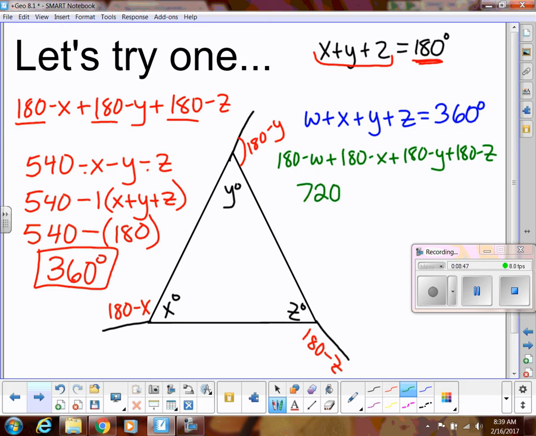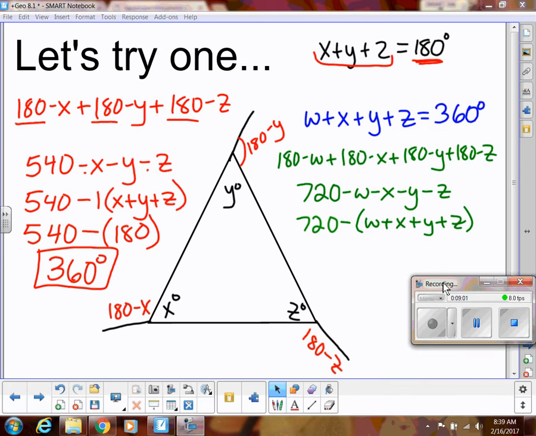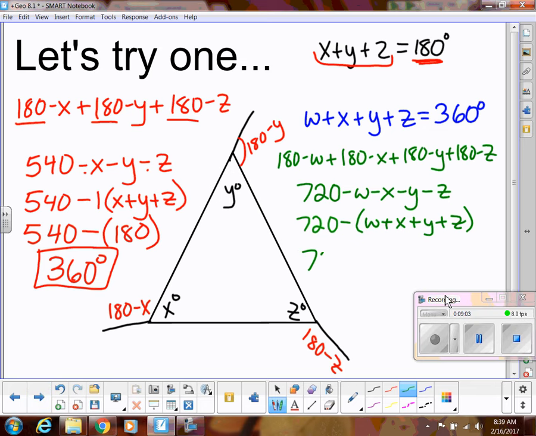And then I would have my minus W minus X minus Y minus Z. Do you see the pattern here? So now again, I could factor out that negative and I'll have these added. So I'll be subtracting from 720 the interior measure of their angle, so that would be 360. So what do I get? I get 360 again.